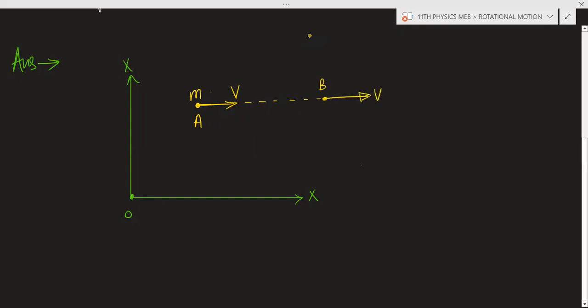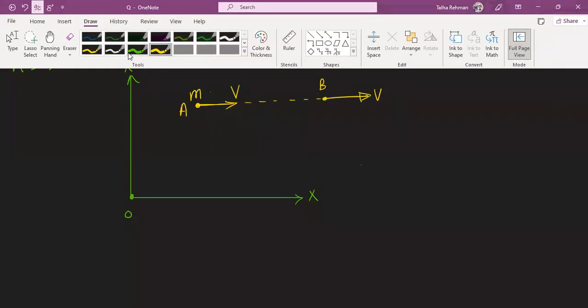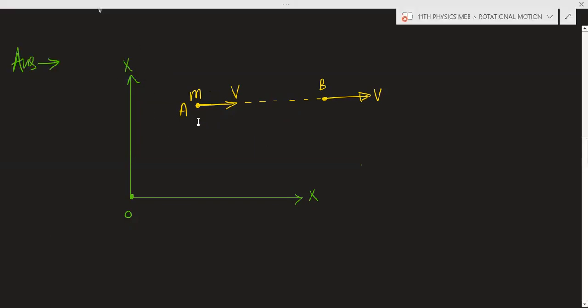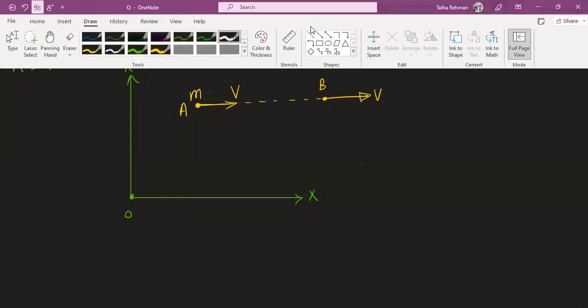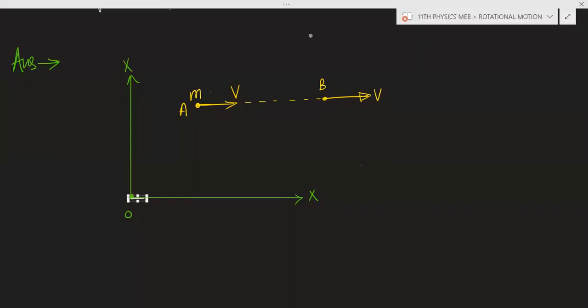We will see whether the angular momentum of the particle about O is changing or not. For that, first calculate the angular momentum of the particle about the origin for position A, and then for position B. So for position A, this is the radius r.